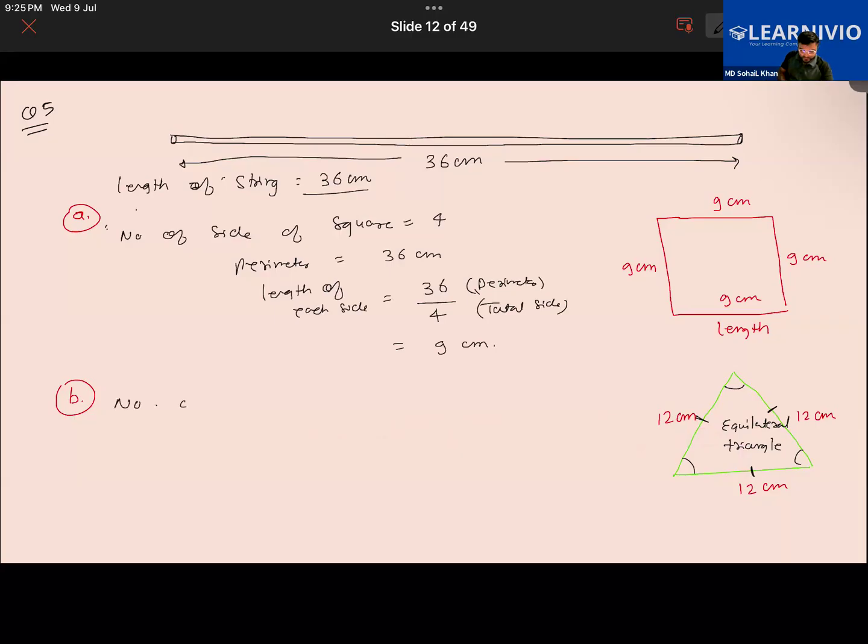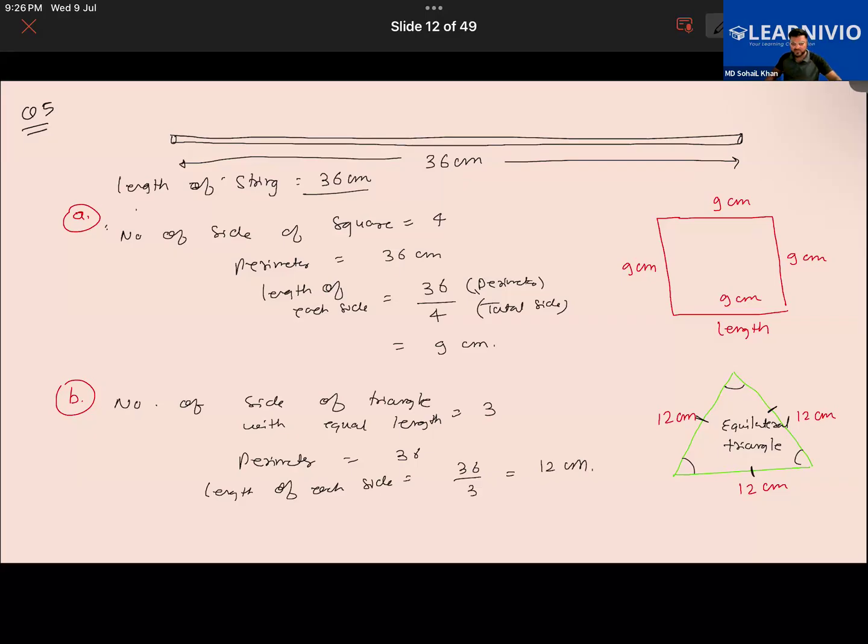So number of sides of triangle with equal length equals 3. Perimeter will be 36 and hence length of each side is going to be 36 upon 3, and thereby that will be 12 centimeter. Okay, write down this fast.